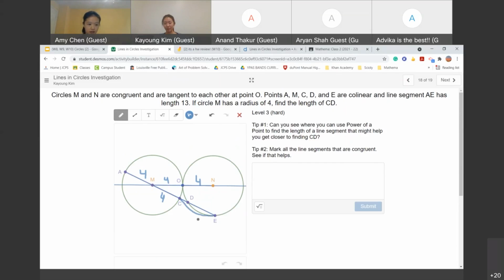And line segment AC already has length 8, so CE must be 5. And let's just call CD X, right? Line segment CD is going to be called X. Then line segment DE would be 5 minus that.